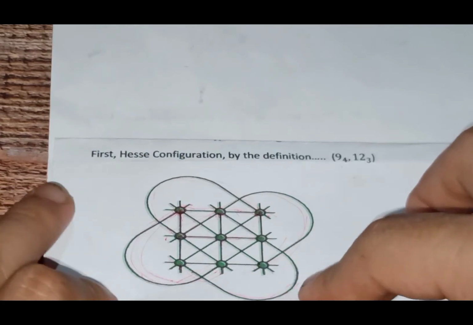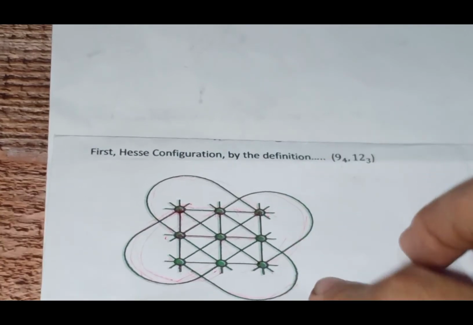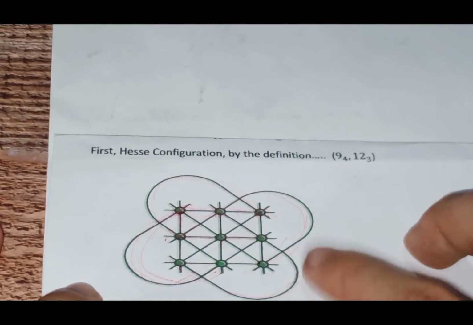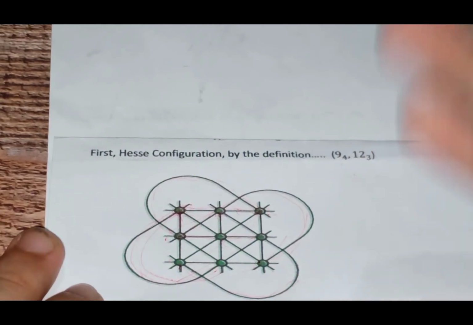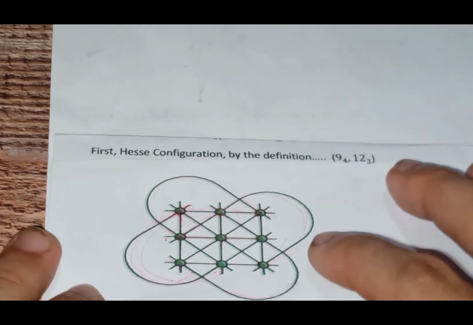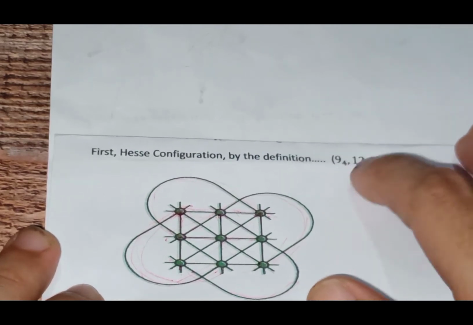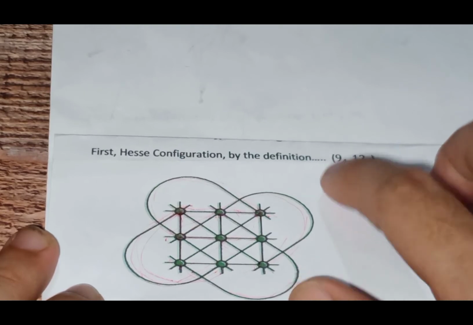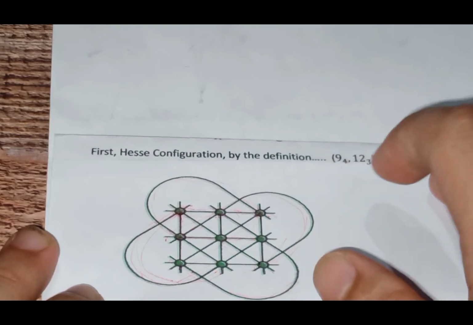This Hesse configuration is called a dual configuration, as you can see, because of the different numbers of points and lines.